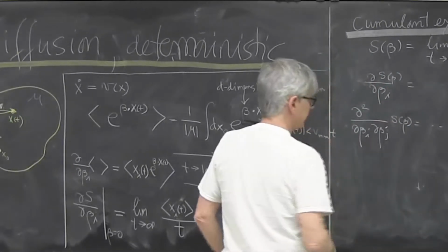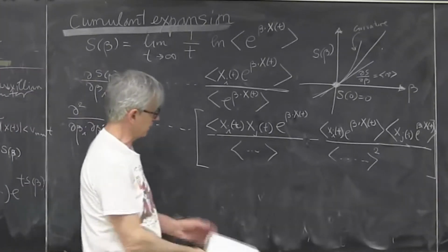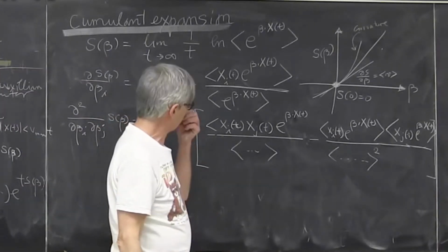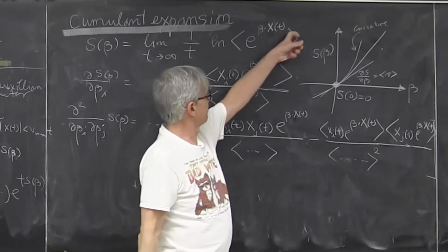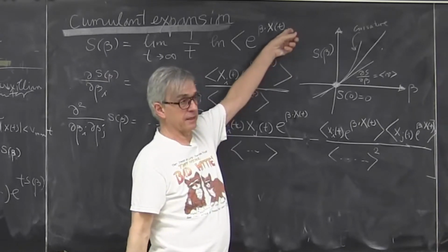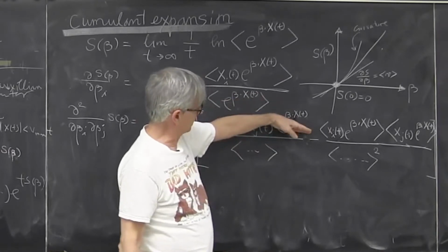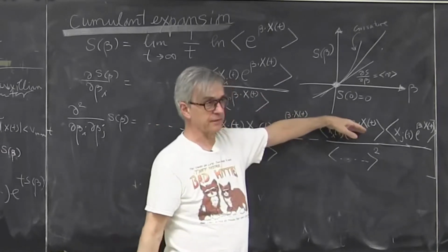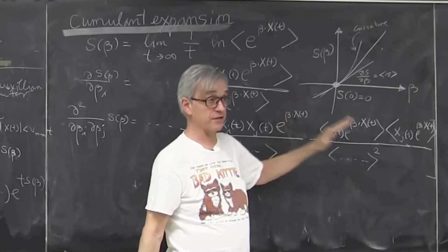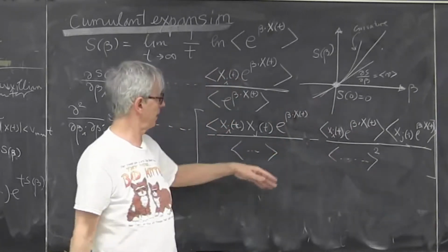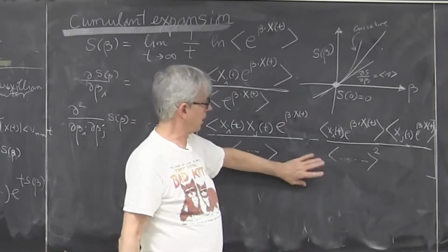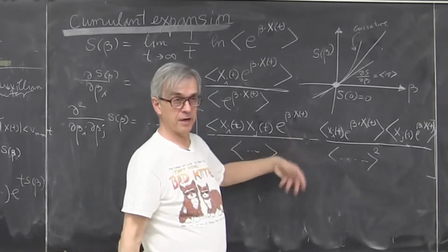There is an exercise to do which says cumulants are so cleverly done that if the distribution is Gaussian, exactly Gaussian, then this gives me the covariance matrix of the Gaussian, and all other ones are exactly 0. So it's designed to tell you how far are you from white noise or Gaussian behavior.